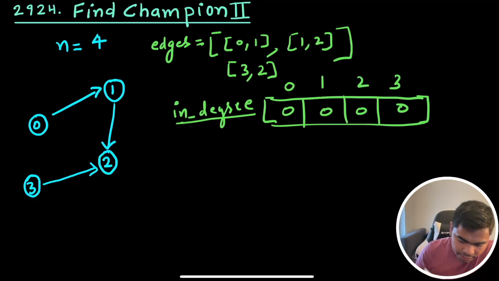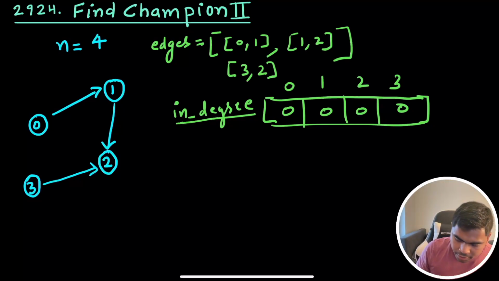If you see right here, the champion team is not going to have any incoming edges. Any incoming edge means it's a weaker team than the one the edge is coming from.